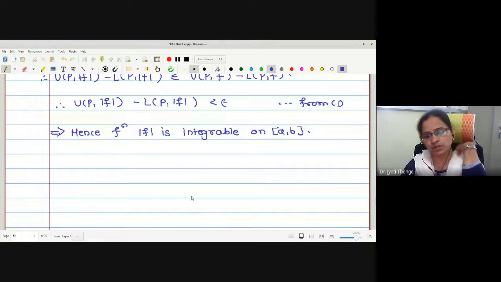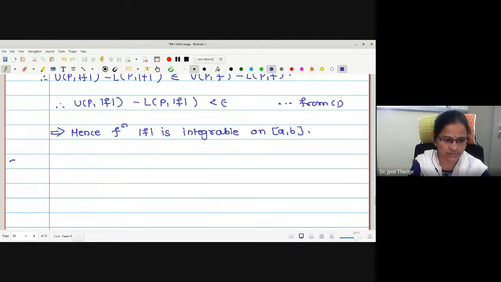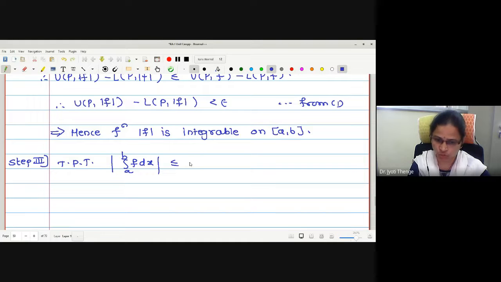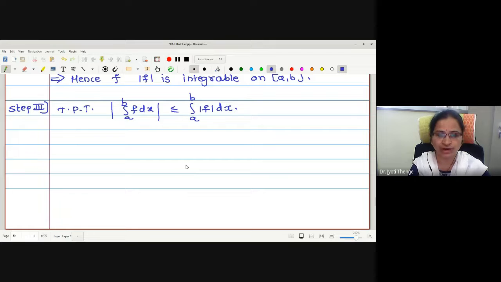Okay. Now let us proceed to the third step, proving that inequality. What is the inequality we wanted to prove in this? Modulus of integration a to b of f dx is less than or equal to integration a to b mod f dx. See, the proof of this is very easy, and it depends on one of the deductions we have proved earlier.